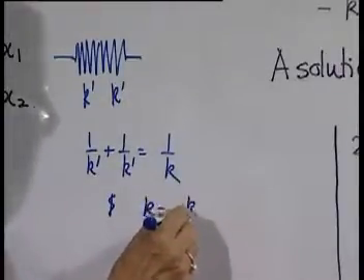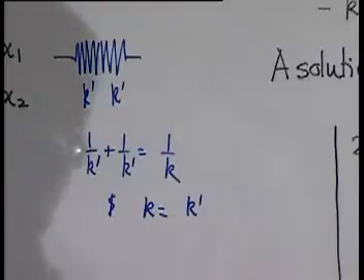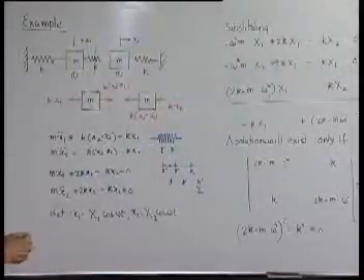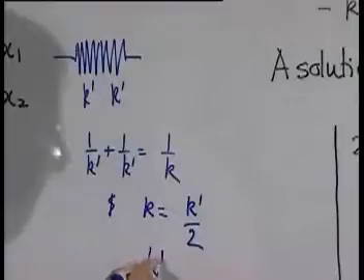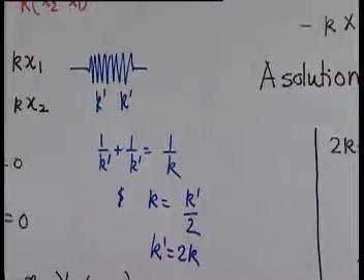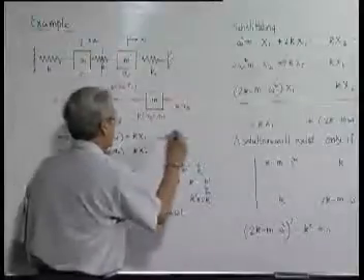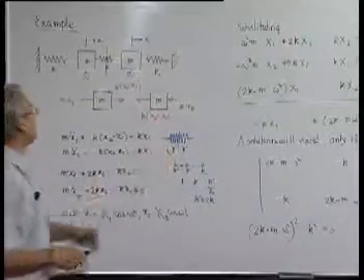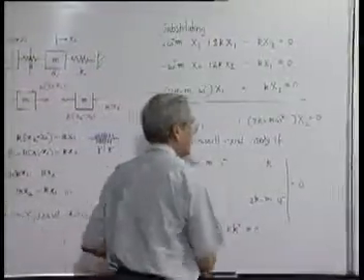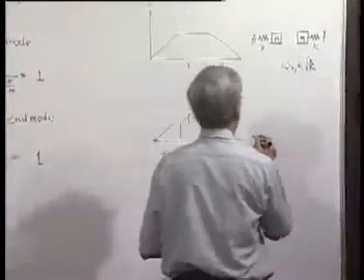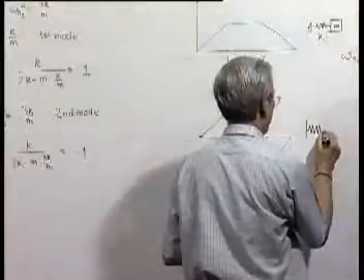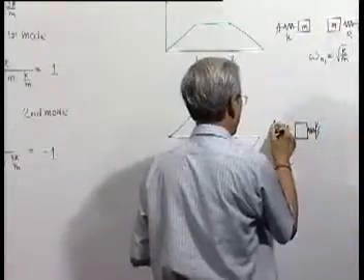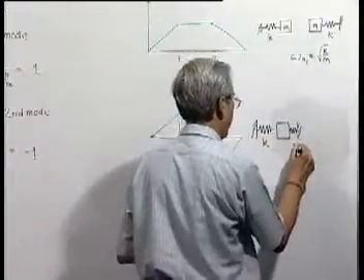And you know, when springs are in series, so obviously k will be equal to k prime by 2. So k prime will be therefore 2k. So if this spring length is half, each half will have a stiffness which is double the stiffness of the original spring.